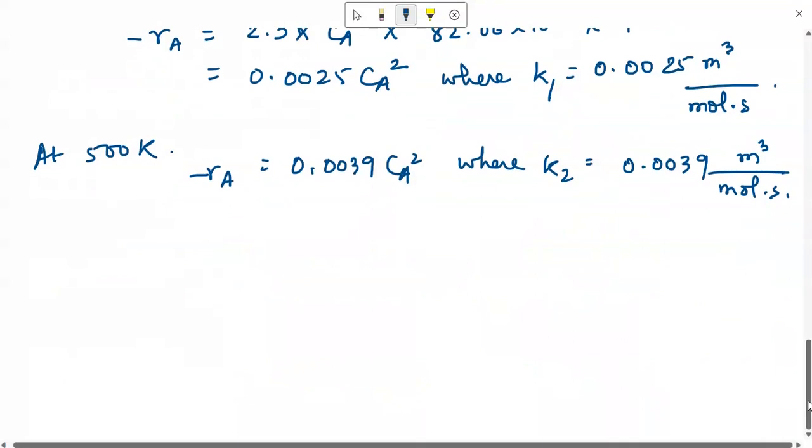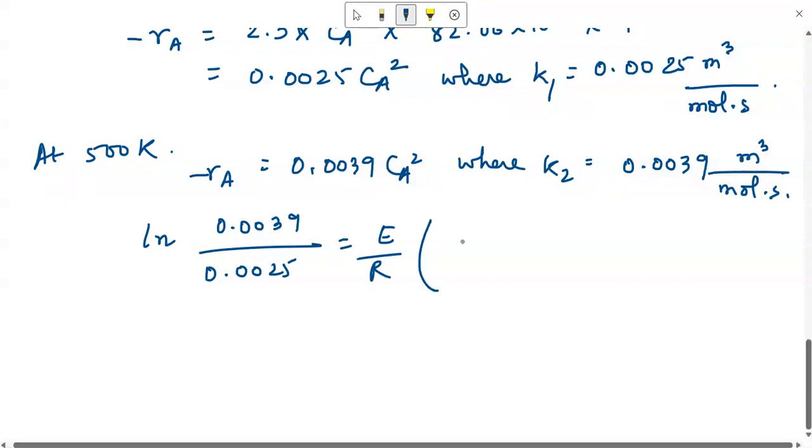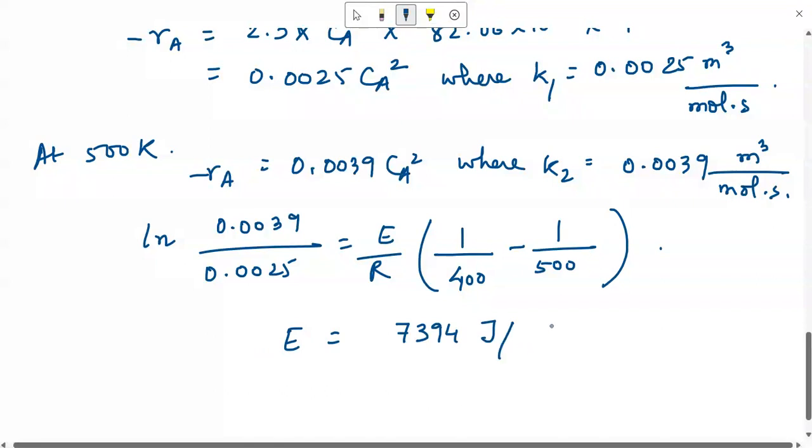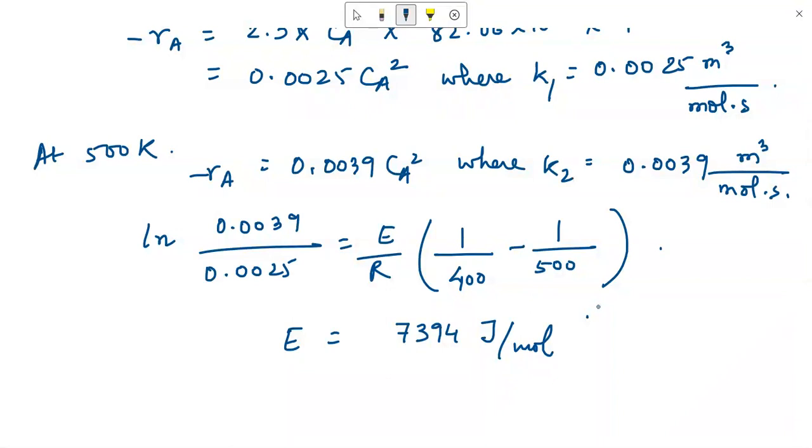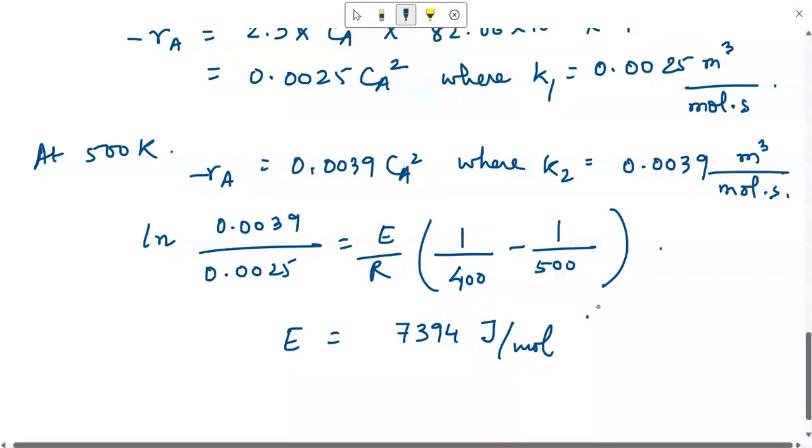Now you apply the Arrhenius type equation. So it becomes ln of 0.0039 by 0.0025 equals E by R times 1 by T1 minus 1 by T2. If you solve this, you will get E equals 7394 joules per mole. So you can see that you are getting a difference in the values of E when you are using p or c.